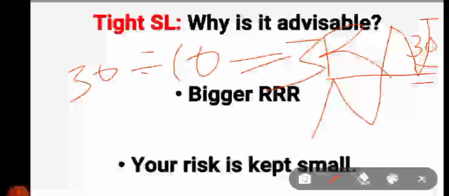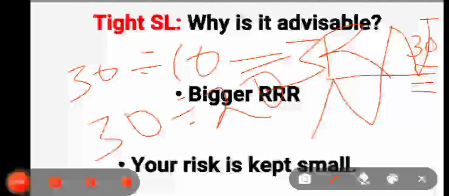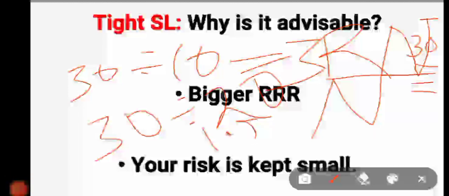Now someone goes in with a 20 pip stop loss. What will the person's R multiple be? That is 30 divided by 20. So what would that give me? That is 1.5R. You see that?